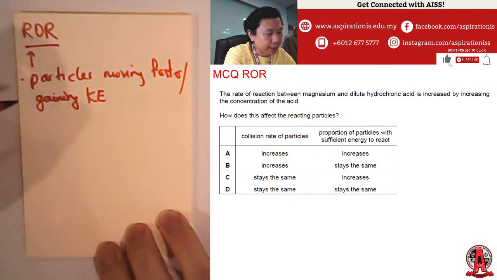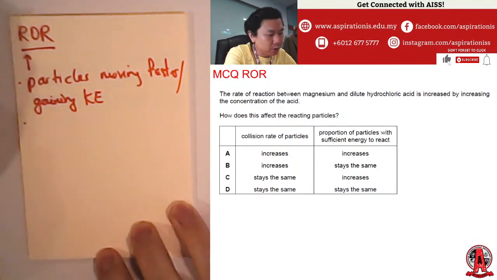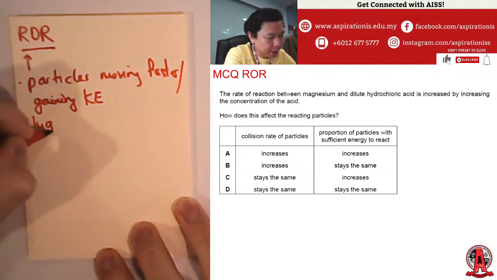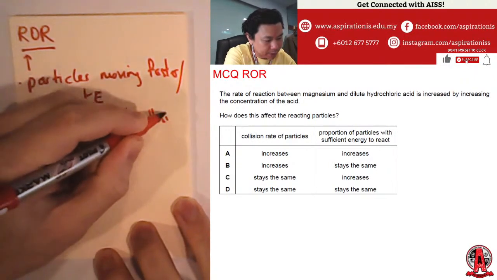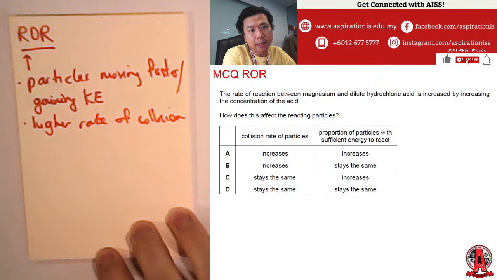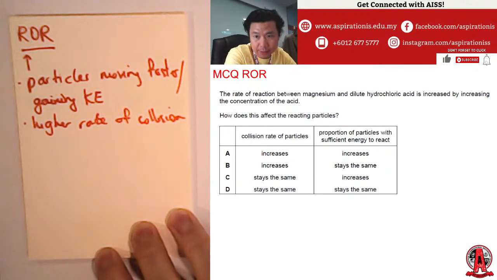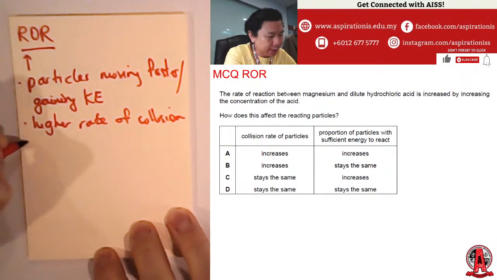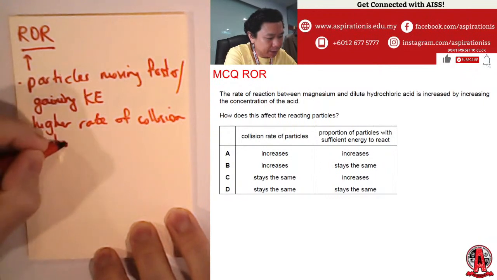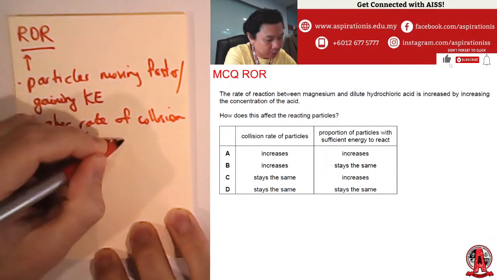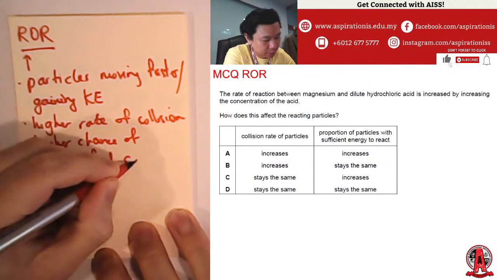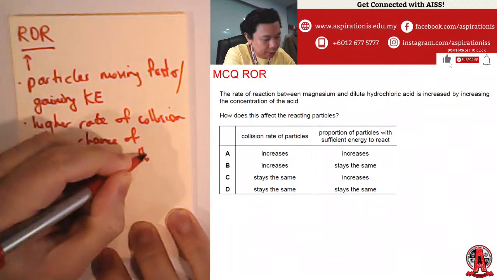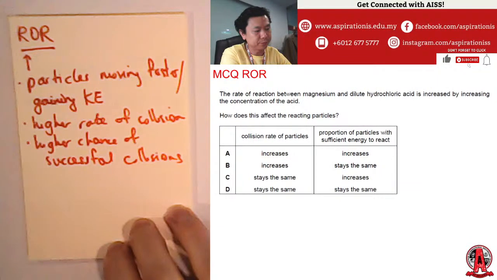Therefore, we talk about a higher rate of collisions between particles, and after that a higher chance of successful collisions. This is how we normally go.